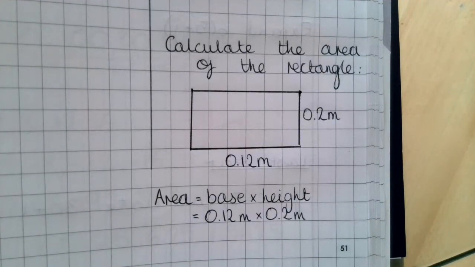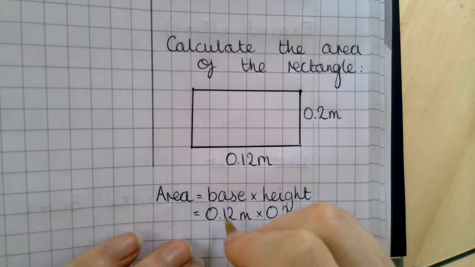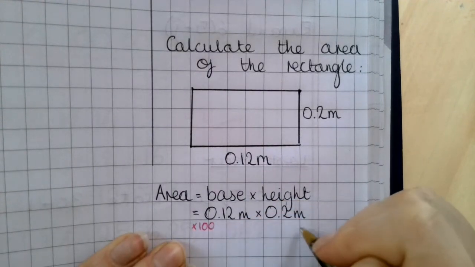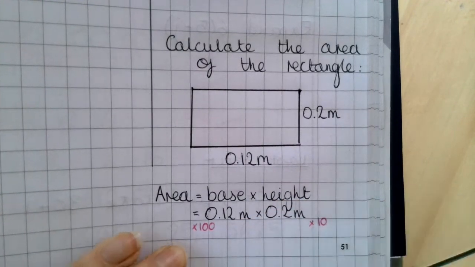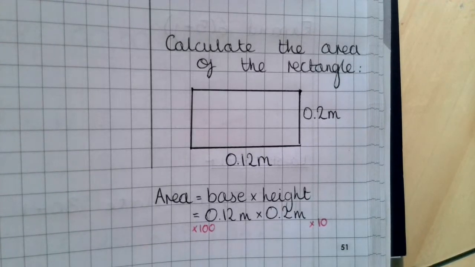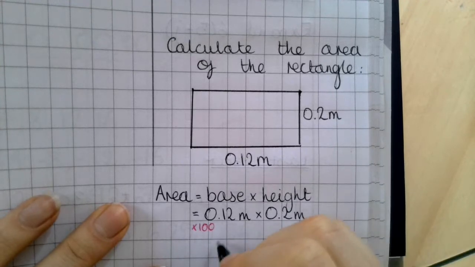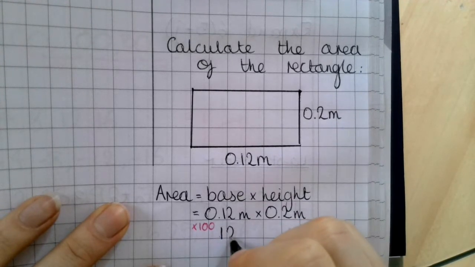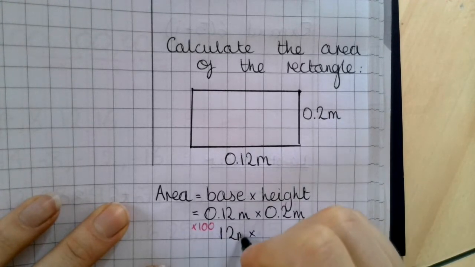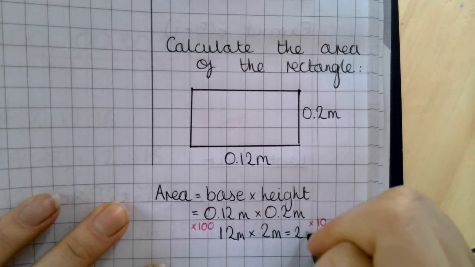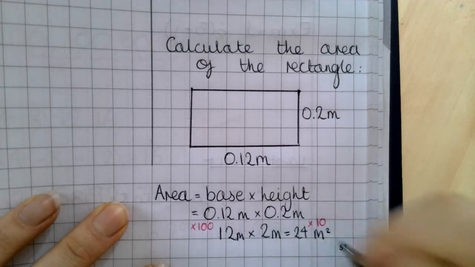I'm going to make this a whole number calculation by multiplying 0.12 by 100 and 0.2 by 10. So we're going to do 12 meters times 2 meters, which is 24 meters squared.